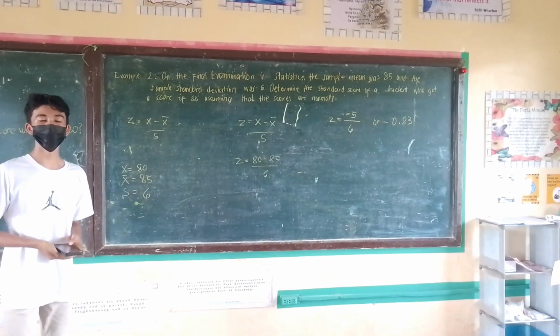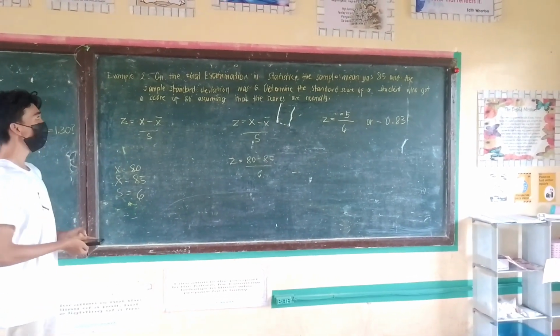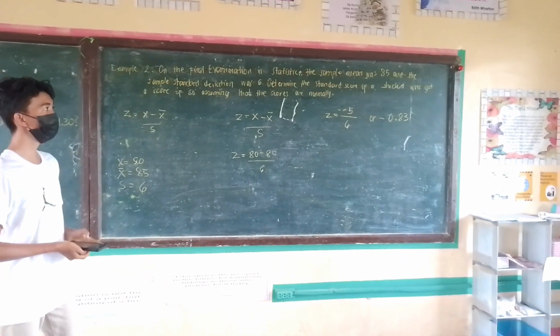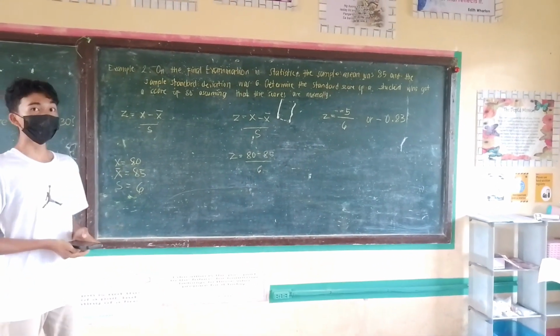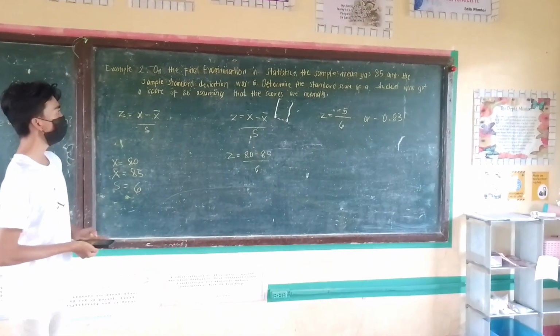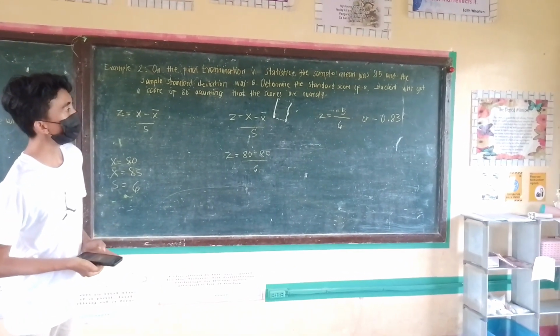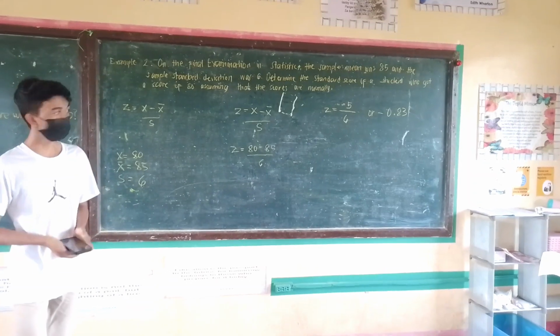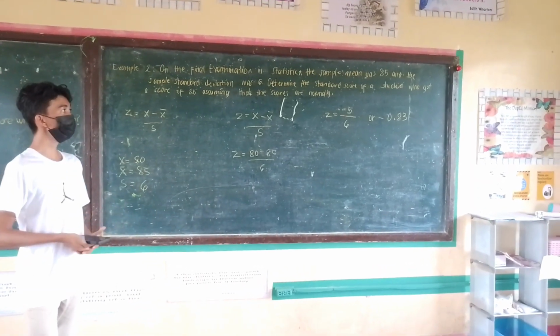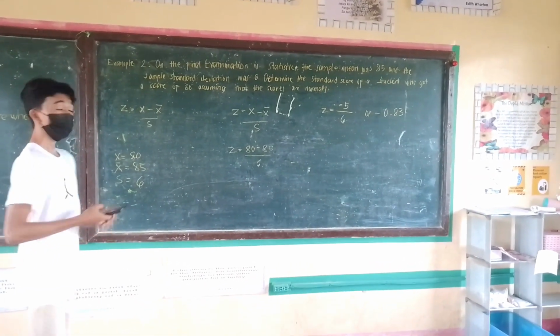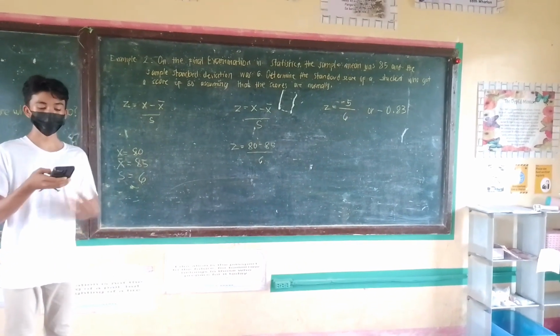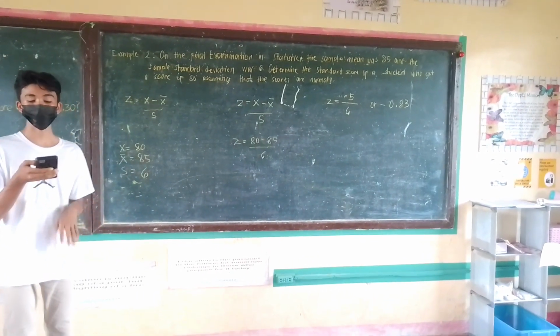Okay, let's have example number 2. On the final examination in statistics, the sample mean was 85 and the sample standard deviation was 6. Determine the standard score of a student who got a score of 80, assuming that the scores are normal. The first step is to choose the formula to use.